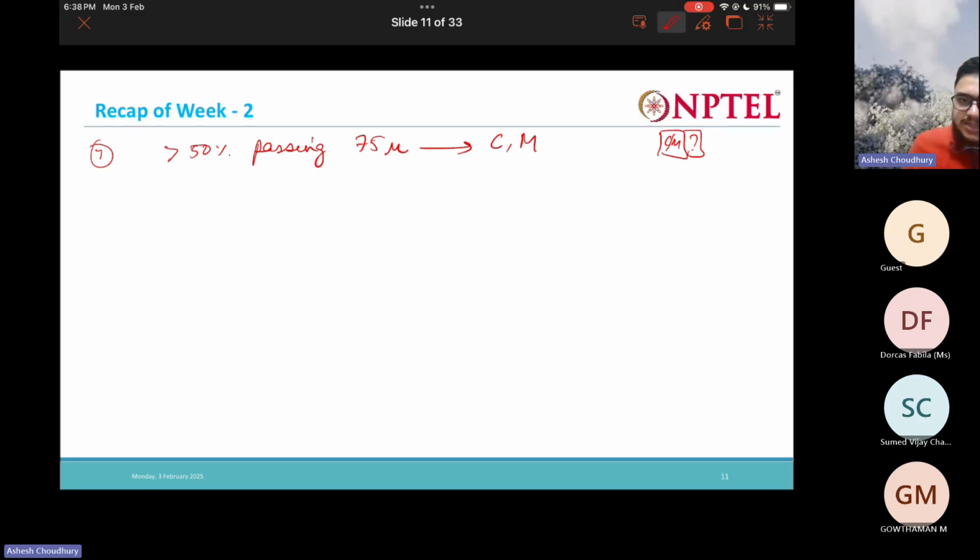It's based on the liquid limit, correct. If the liquid limit is less than 35%, it is going to be L. Between 35 and 50, it is going to be I. Greater than 50, it is going to be H.